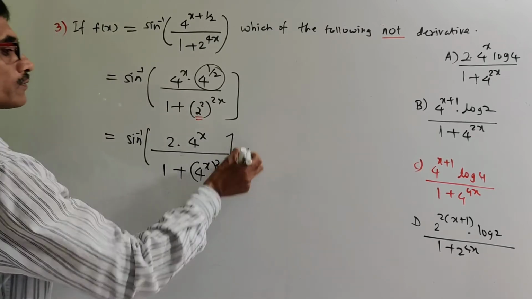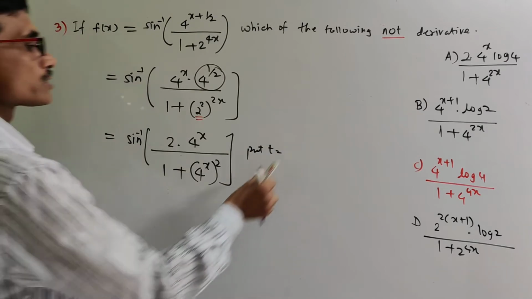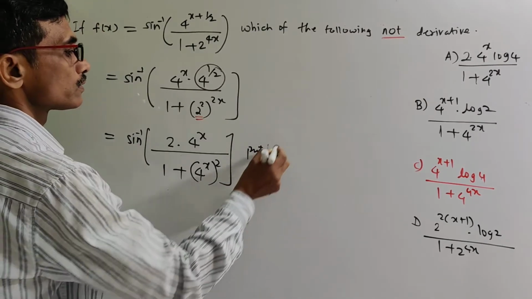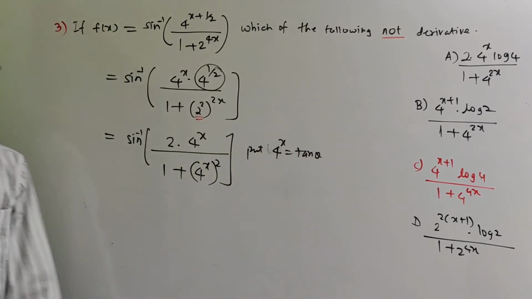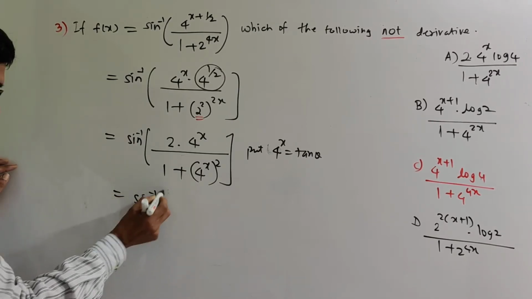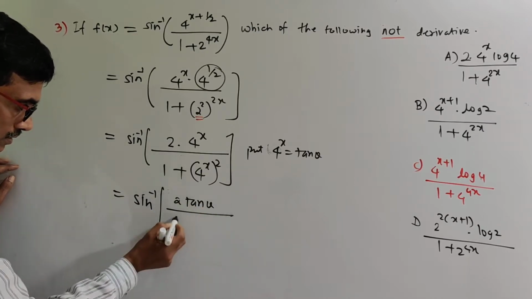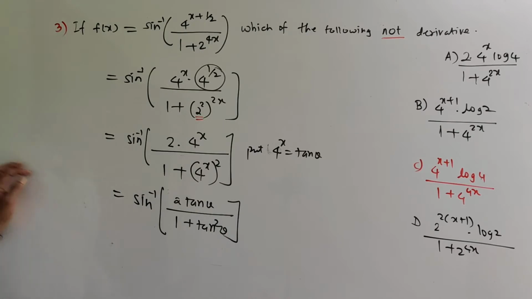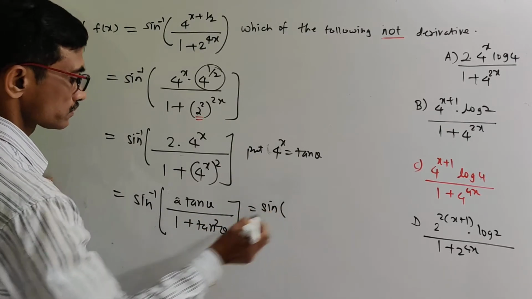So put, see 4 raised to power x is equal to tan theta, we will put 4 raised to power x equals tan theta. Then this is sine inverse of 2 tan theta upon 1 plus tan square theta, which is nothing but sine of 2 theta.